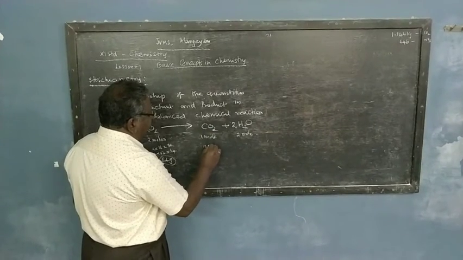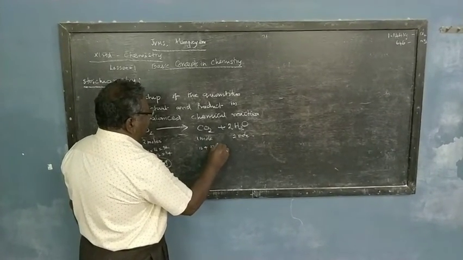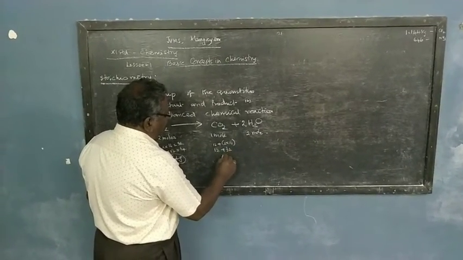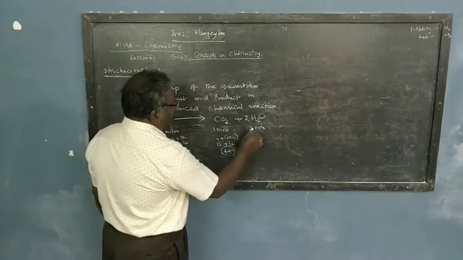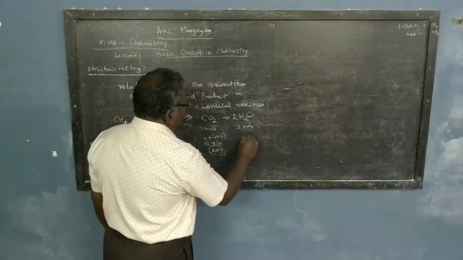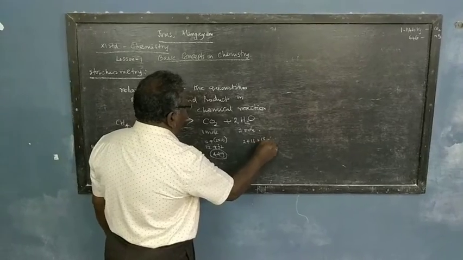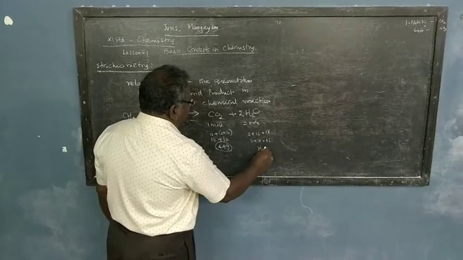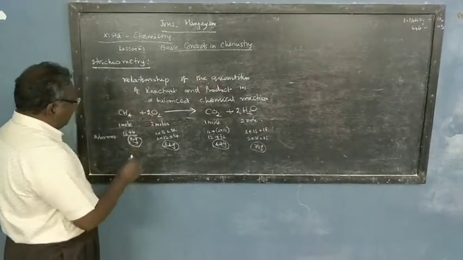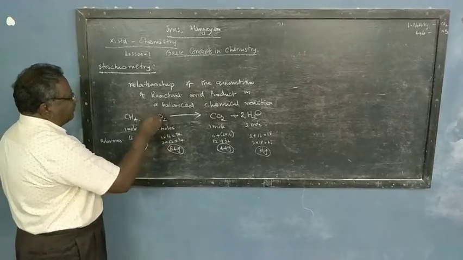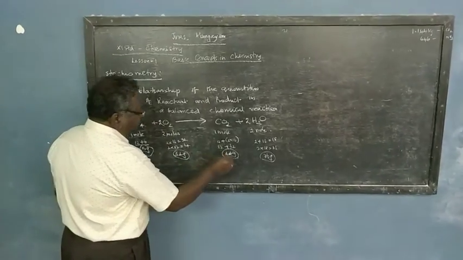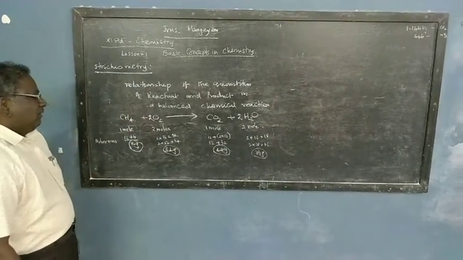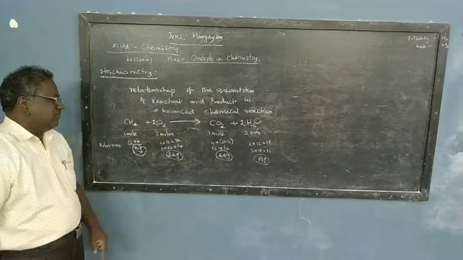Carbon dioxide mass is 12 plus 2 into 16, so that comes to 12 plus 32, 44 grams. And here it is 2 moles of water. 2 plus 16, 18, 1 mole of water. 2 moles of water, 36 grams. Now 16 grams of methane reacts with 64 grams of oxygen to form 44 grams of carbon dioxide and 36 grams of water. So this is in terms of mass.